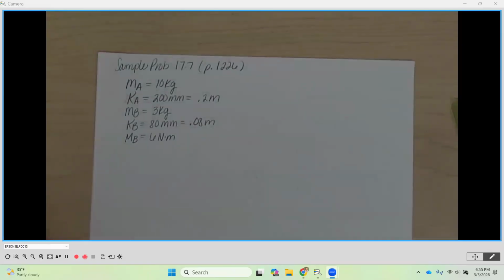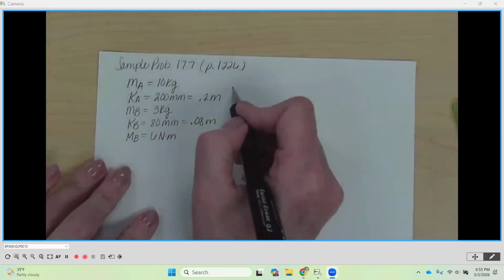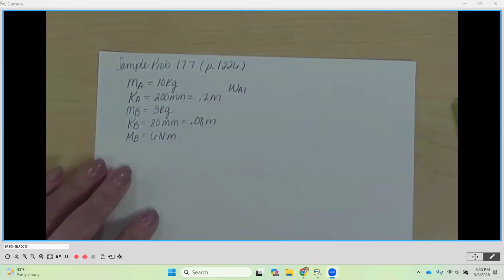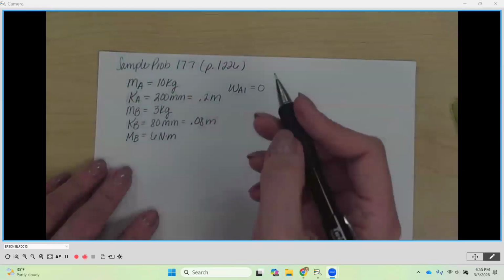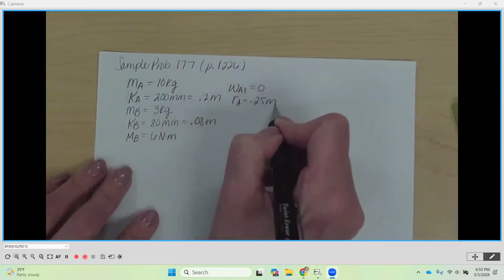Now, we do know as we are starting our problem, and I'm going to put it up here by our A's, our WA1, our starting state, is equal to 0. This is at rest, okay? The radius at A is 0.25 meters.